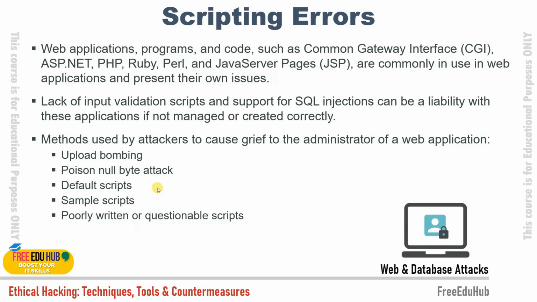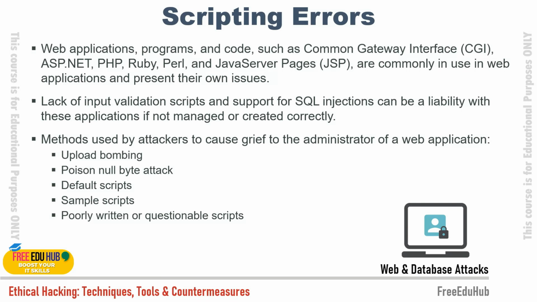If we are talking about upload bombing, it uploads masses of files to the server with the goal of filling up the hard drive of the server. Once the hard drive of the server is filled, the application will cease and the server would stop working or crash.